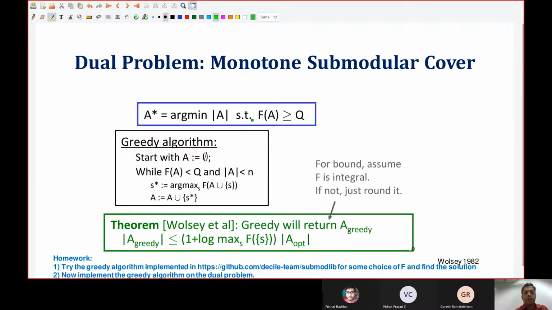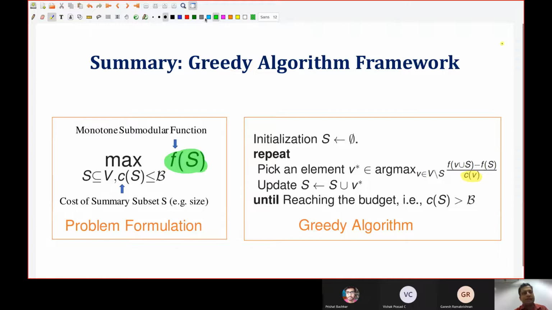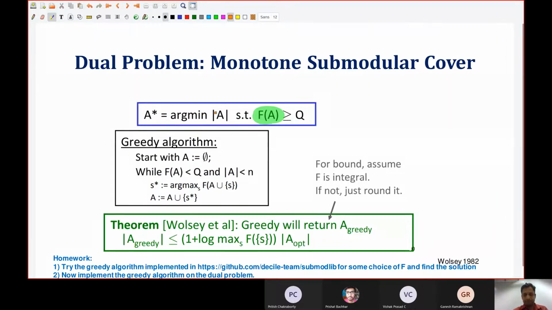This now goes into my constraint, f(A) greater than or equal to Q. And the cost, let's say just simple cardinality, which was sitting here as a constraint, now becomes my objective function, but I want to minimize it. I want the smallest cardinality, smallest cost set, such that I have at least Q coverage.